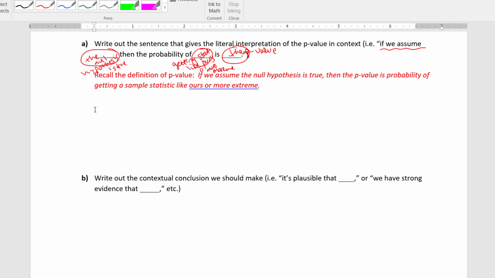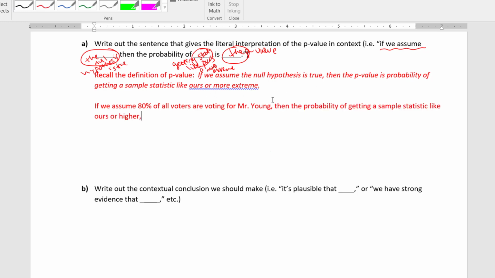If we assume 80% of all voters are voting for Mr. Young, then the probability of getting a sample statistic like ours or higher, because the alternative hypothesis was higher, is 0.021 or 2.1%, because they told us the p-value is 0.021.